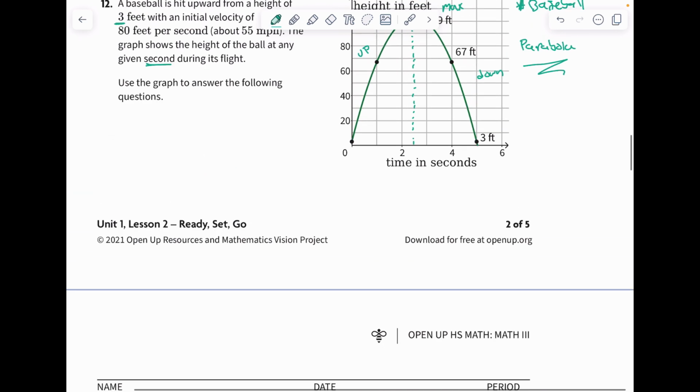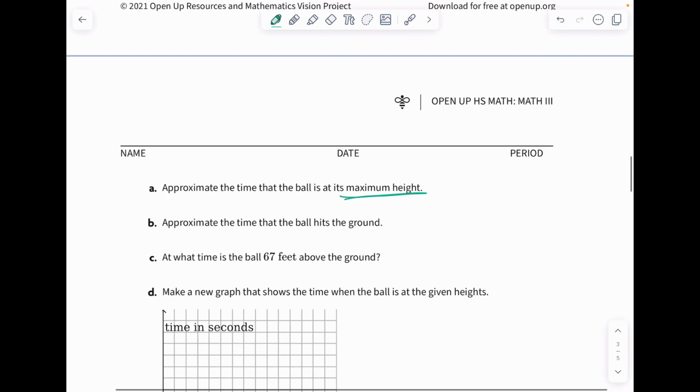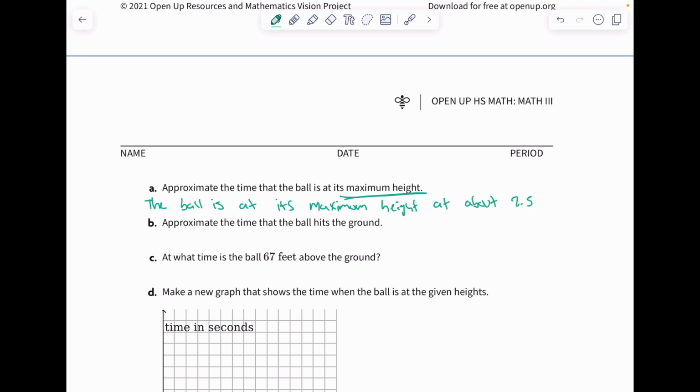Let's make a note here: this is 2.5. So the ball is at its maximum height at about 2.5 seconds.